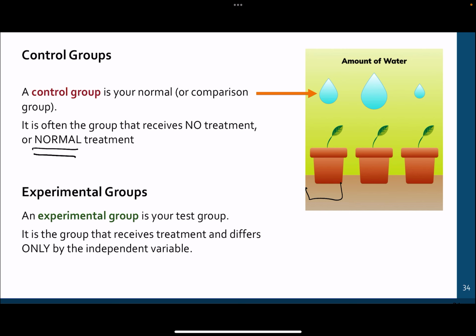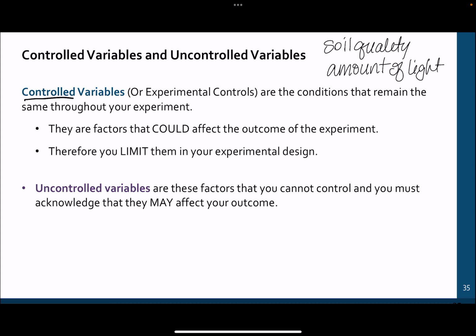These are also variables that you can control. Now, these variables come by a couple of different names. They might be called controlled variables because the experimenter limits what those variables are. They might be called experimental controls.